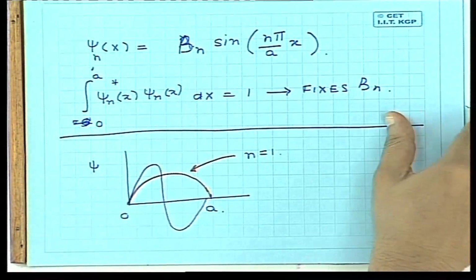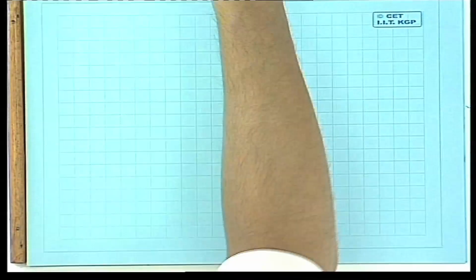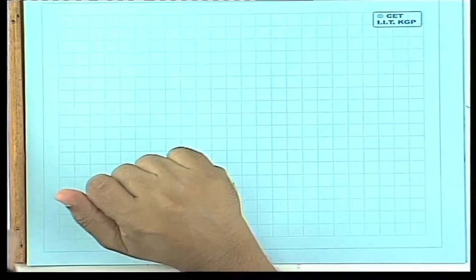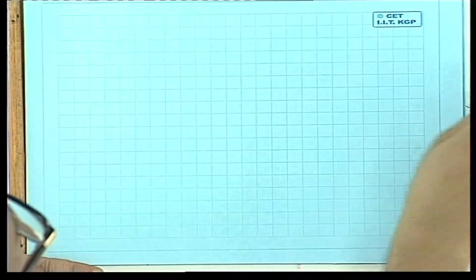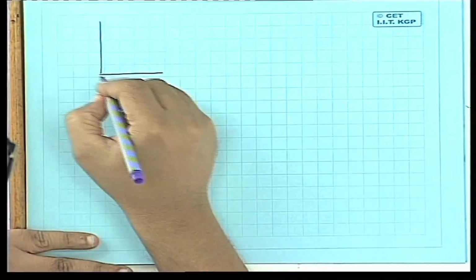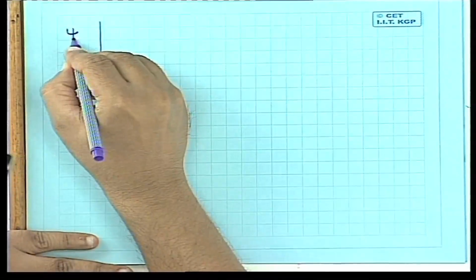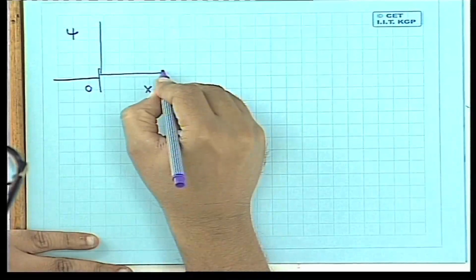And we have now got everything about the stationary states or the eigenfunctions of the particle in a potential well. Now, suppose I am given the initial wave function, which could be anything arbitrary. So this is the x-axis, this is psi, this is 0, this is a.